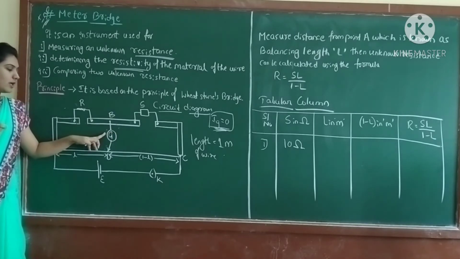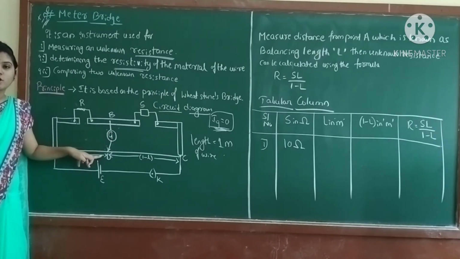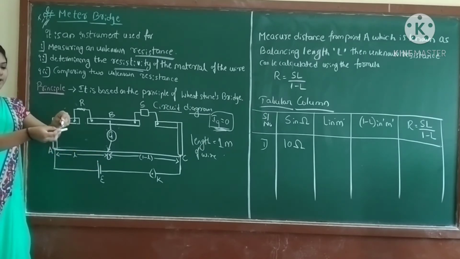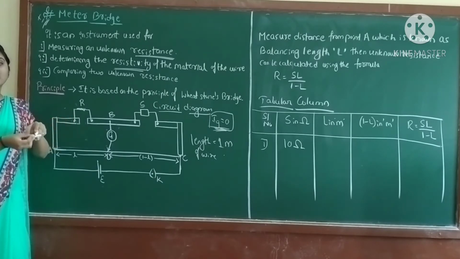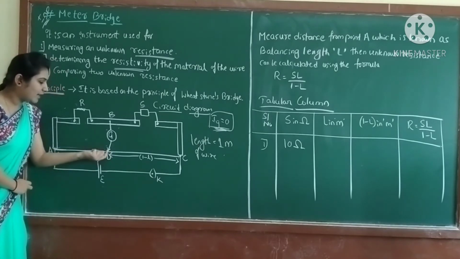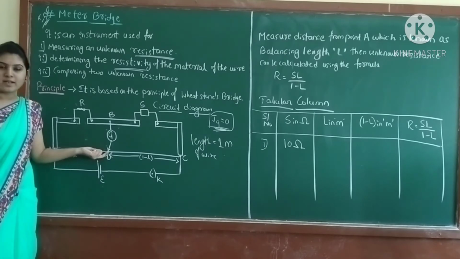We already make sure that the galvanometer will touch the sliding contact of that wire. Correct? Like this it will touch. When it touches that point, that time it must show the zero deflection. See, now it is here. When this wire touches here, it shows the zero deflection.